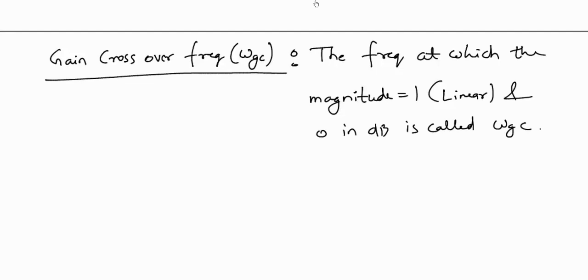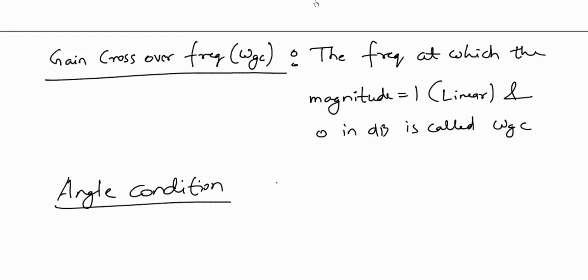Now if you apply the angle condition, angle of G of j omega into H of j omega is equal to angle of minus 1 plus j0.